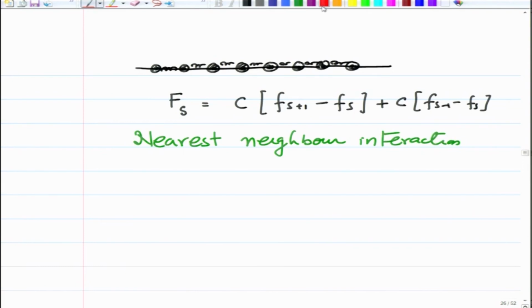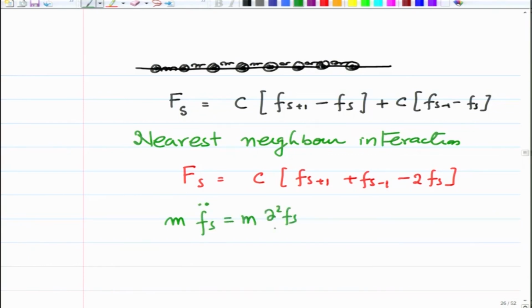and we derived from this that the force F_s is C(F_{s+1} + F_{s−1} − 2F_s), and therefore, the equation of motion that we obtained was m F_s double dot, where double dot is the second derivative of the displacement with respect to time, and this was equal to C(F_{s+1} + F_{s−1} − 2F_s).